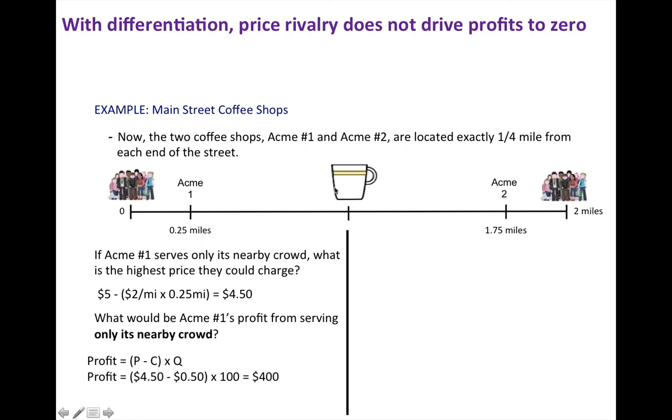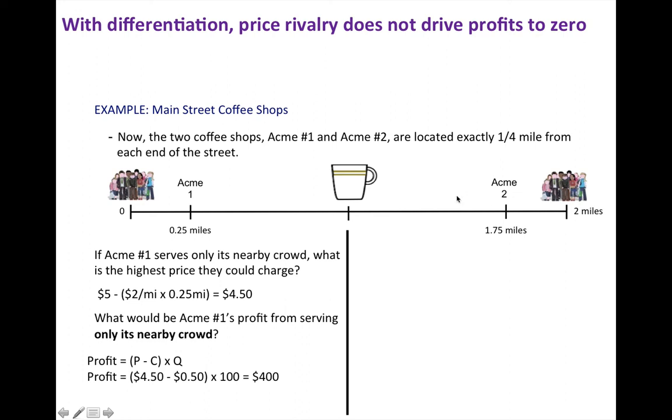So this guy can actually make money if he charges $4.50 per cup. And this guy, Acme 2, can do the same and only serve this set of customers. $4.50 per cup is too much for these guys to walk all the way over here. And likewise, $4.50 is too far for this set of consumers to walk all the way over here.